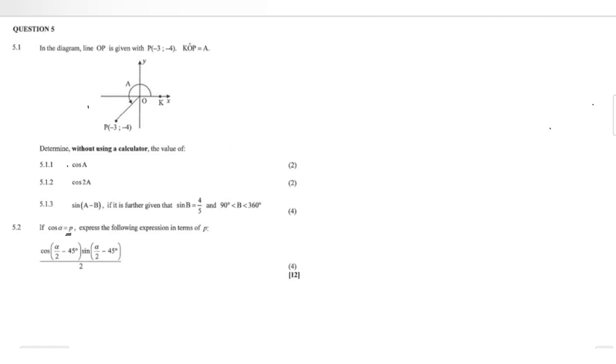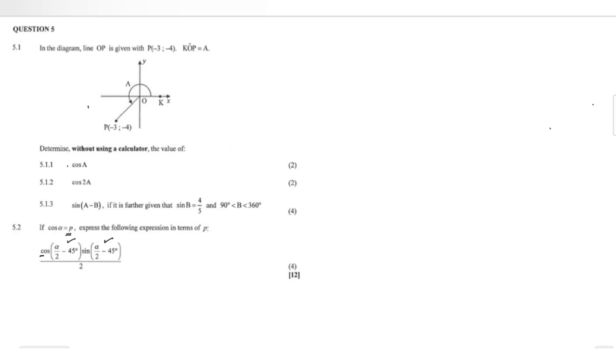Guys, in this question you can see compound angles, expand it, and you can simplify, you can do it. But it's going to be a very long method. But always remember, if you see sine and cos multiplied like this, look at the angle. Angles are the same. What is that angle? That binomial, alpha by 2 minus 45, again alpha by 2 minus 45.